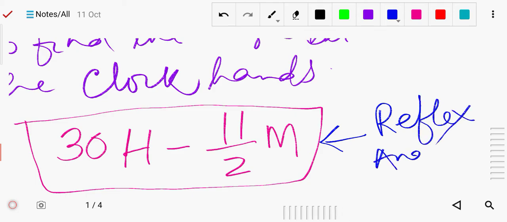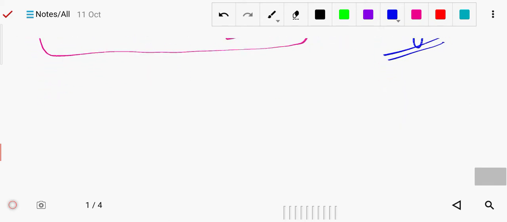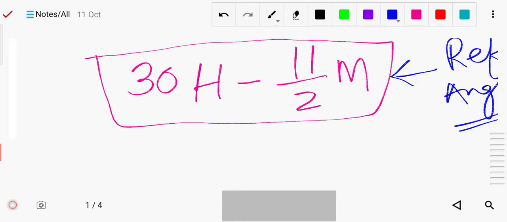Then you can subtract it from 360 and you will get the acute or obtuse angle. So this is the formula, 30h minus 11 by 2m. Based on this formula I will solve one question.